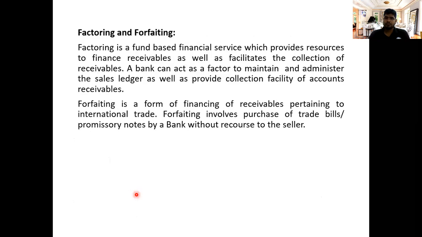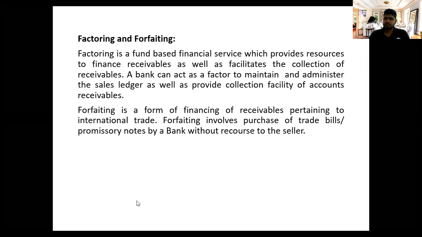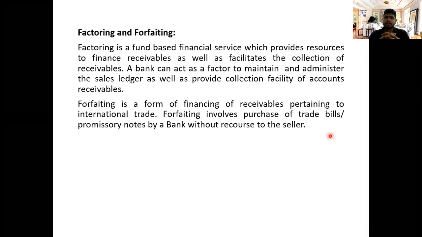Now we'll see factoring. Factoring, in simple terms: when companies are doing business, there are receivables. To encash a receivable takes time, 30 days, 60 days, 45 days, or one month and so on.